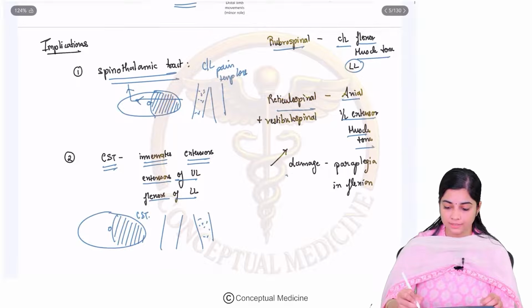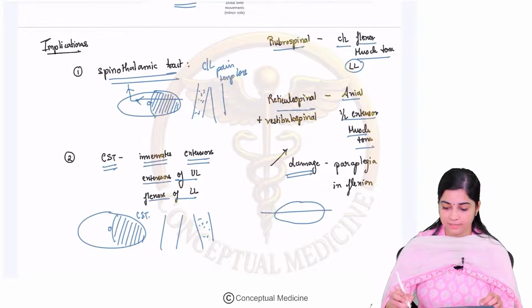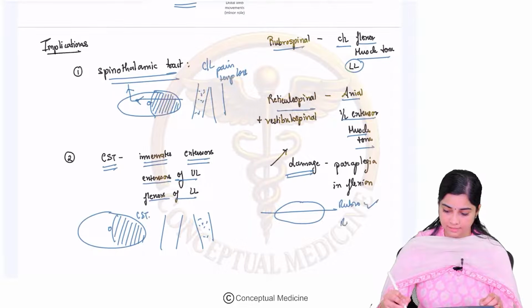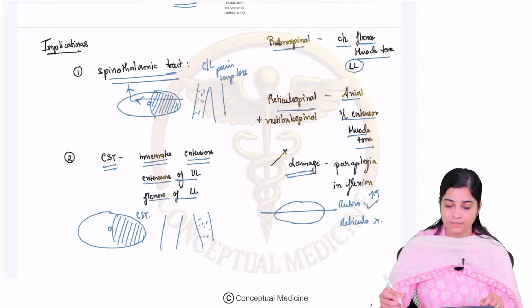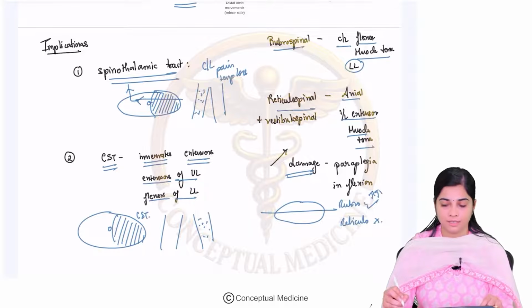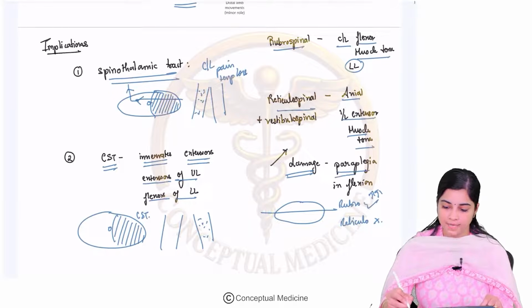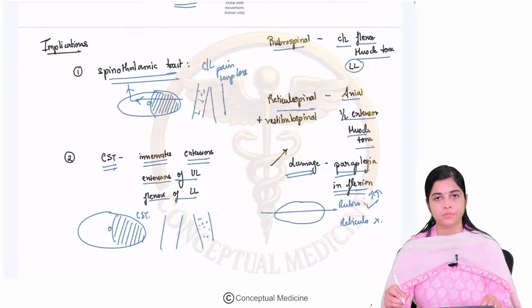So if there is a damage, right? So if there is a damage and the rubrospinal tract is intact, the reticulospinal tract is lost, then what happens? The rubrospinal tract is going to increase its innervation to the flexor muscles, and hence you will have paraplegia in flexion. Rubrospinal tract will increase its innervation to the flexor muscles.